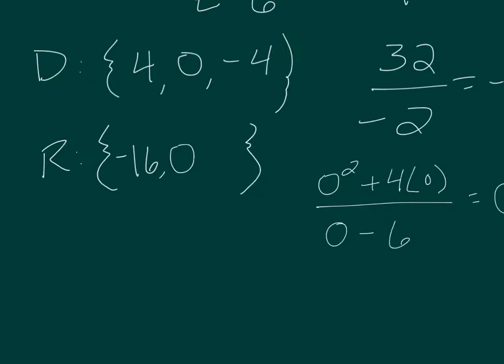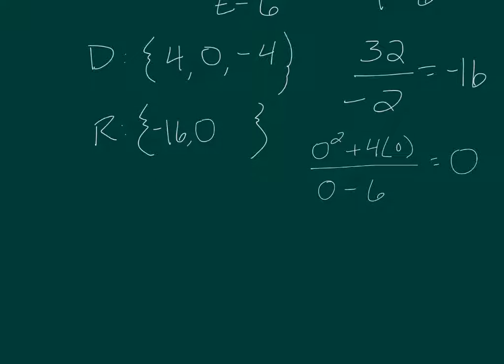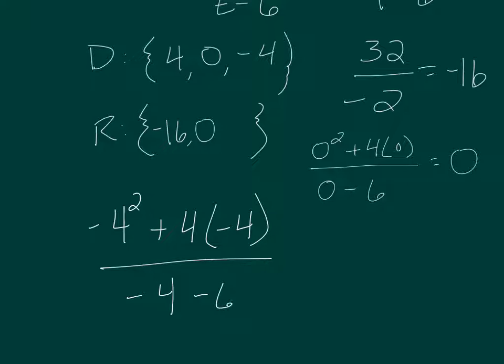In the last part of the problem, we're going to plug in negative 4. Let's go down here. Negative 4 squared plus 4 times negative 4, divided by negative 4 minus 6. Let's think about this one. Negative 4 squared is 16. 4 times negative 4 is negative 16.